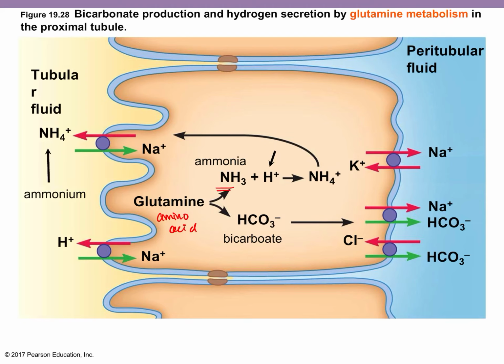When you break down glutamine, you can make a bicarbonate, which gets pumped out, but you can also make ammonia, and the ammonia can accept a hydrogen ion. So it becomes ammonium, and ammonium is pumped out. So if you have a super, super acidic environment, you can actually break down glutamine to absorb more hydrogen ions in the form of ammonium. Then ammonium is going to be excreted from the body in urine.